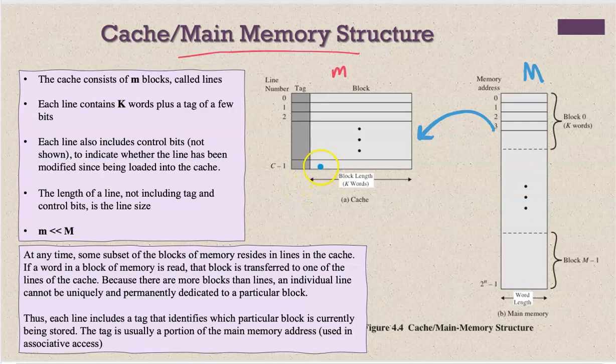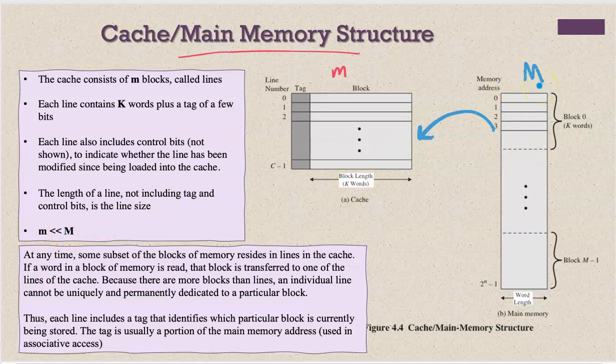So the cache size is this entire thing: it has a tag and a control bit, and then you have your line size. So you have line size, tag size, control size. And the number of lines m is always going to be less than the number of blocks, capital M, of the main memory.